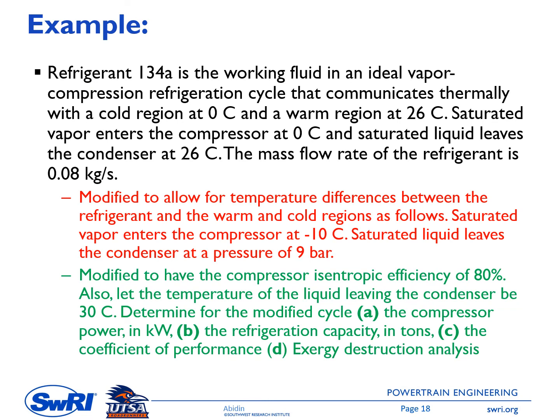Let's take a look at this example. We use a previous example and modify it as necessary. We have refrigerant 134A as the working fluid, and the modification we put here is that we have a compressor isentropic efficiency of 80%, and also let the temperature of the liquid leaving the condenser be 30 degrees C. So T3 is given here, 30 degrees C, and the pressure is 9 bar.